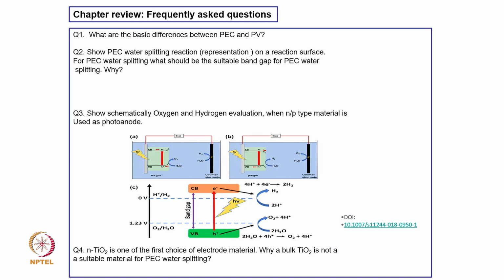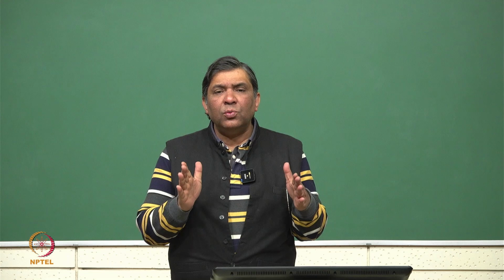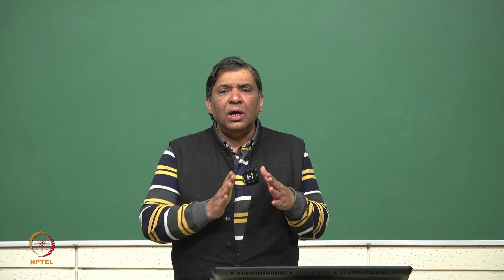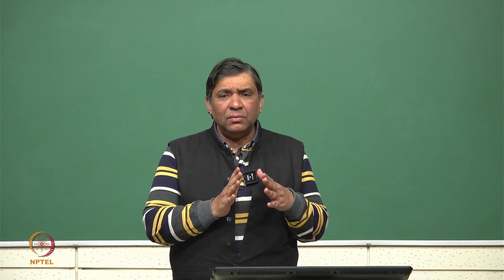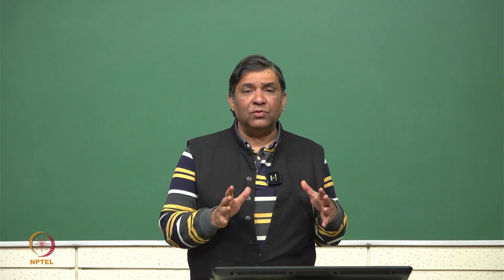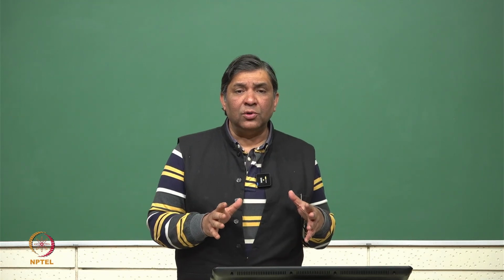So, the first question is, what are the basic differences between PEC and PV? I already discussed that the basic difference is that in photovoltaics we have a semiconductor junction, that is, semiconductor based or junction photovoltaics.